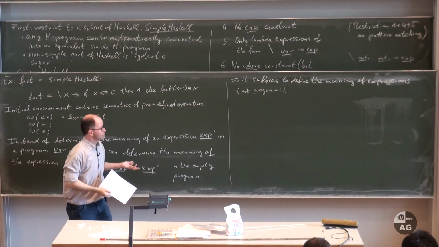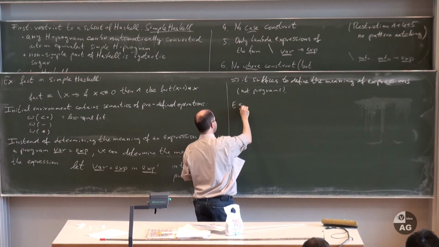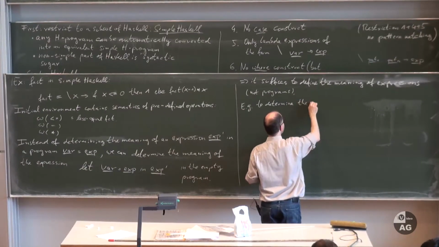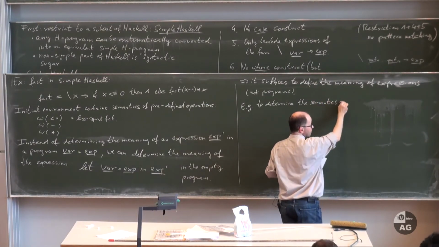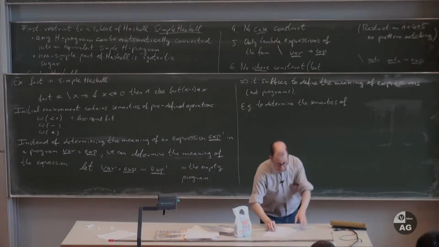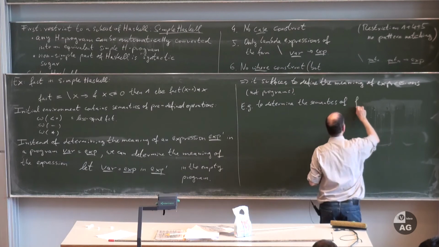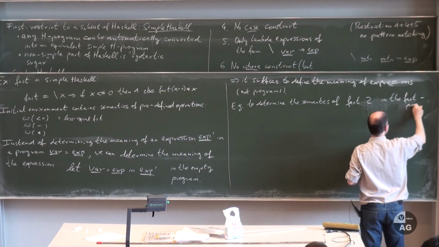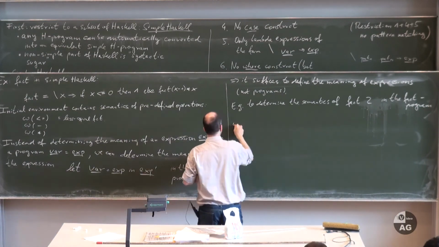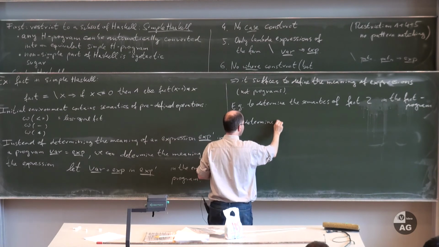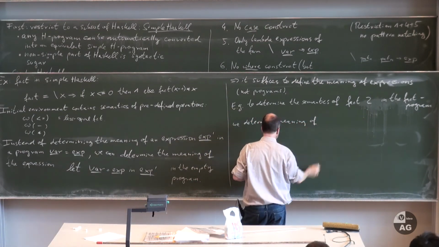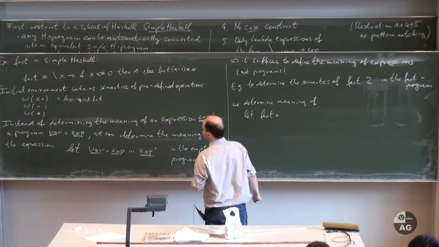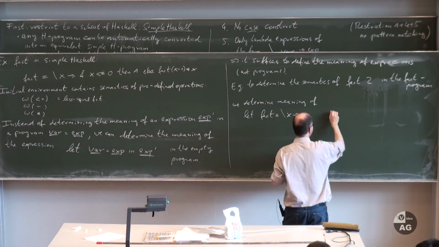So, for example, we would like to find out something like this, to determine the semantics of, okay, so for example, instead of determining the semantics of fact2 in the factorial program, we instead determine the meaning of, we make this fact declaration local, so let fact be lambda x blah blah blah in fact2.